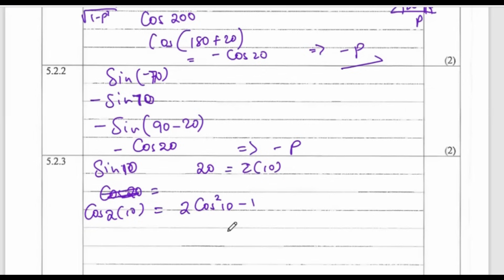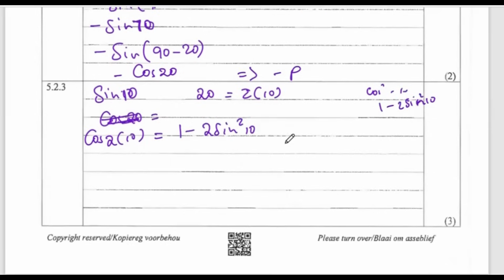I can just use the sine because I know it is going to be cos squared minus sine squared, which is 1 minus 2 sine squared of 10. Just take this out, this goes. I'm going to say 1 minus 2 sine squared of 10. Okay, so I have my sine 10 represented. I'm still having my cos 20 beside.